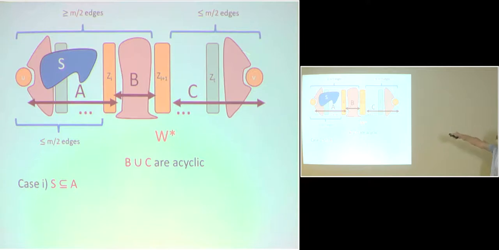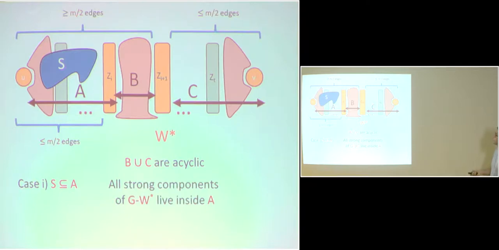Because if I look at all of these strong components, they don't contain any solution vertices. Well, if you don't contain any solution vertices, you better not contain any cycles. So then all of these components, after I remove W star, are trivial components.